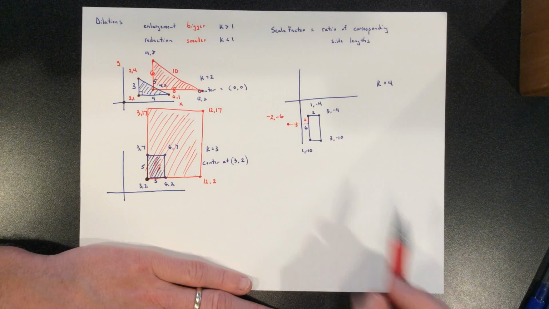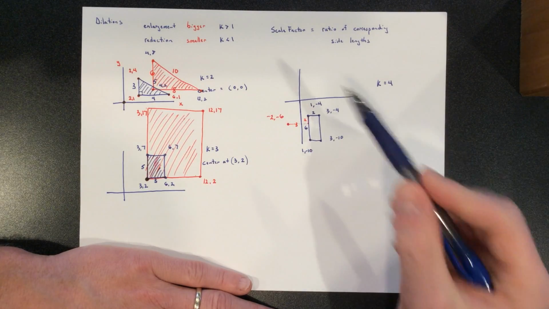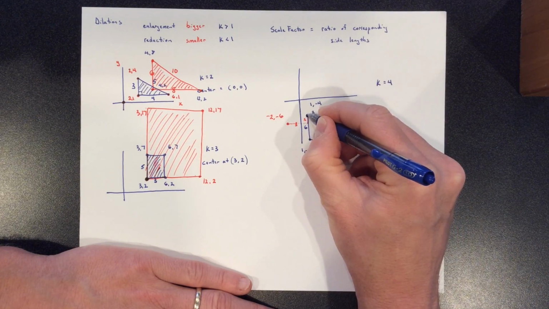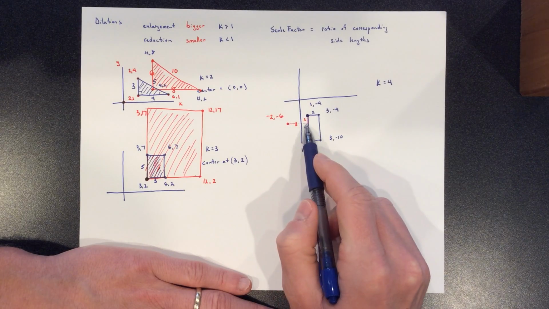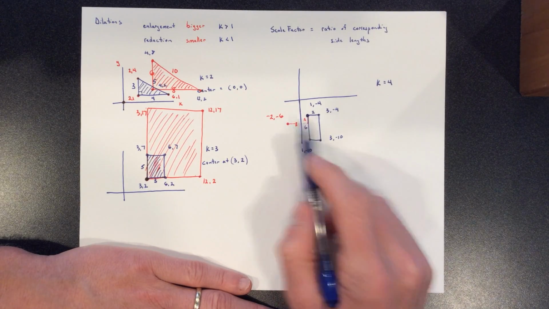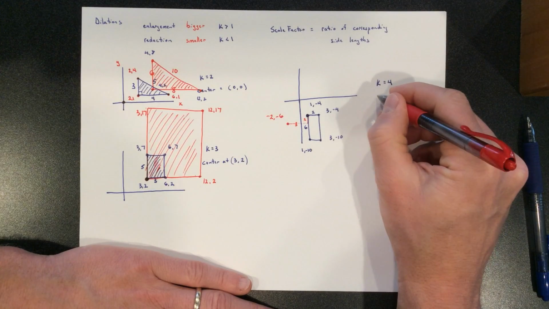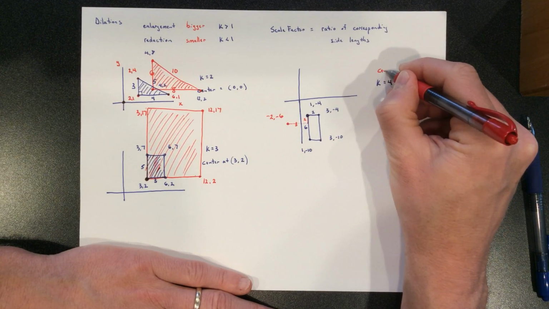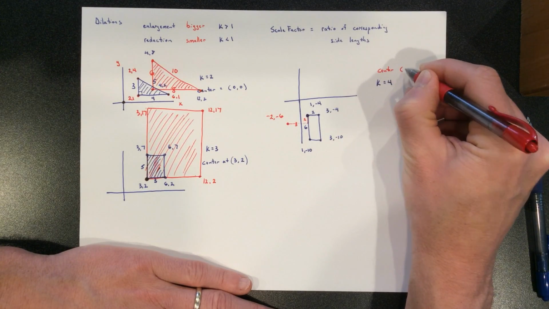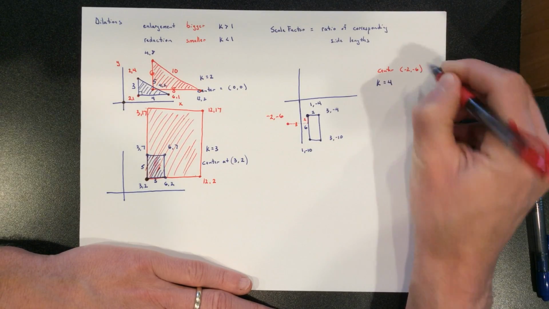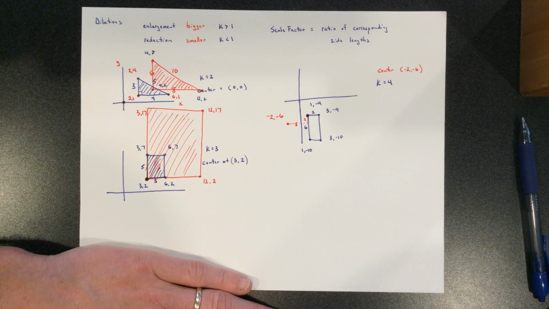Everyone okay with this? This coordinate point right here, this big blue one, is 3 horizontally and 2 vertically away from my center, right? The center that we picked is -2, -6. And I need to quadruple everything.